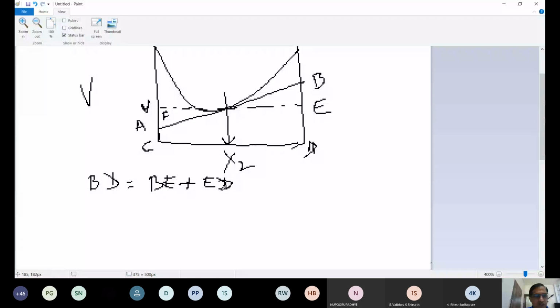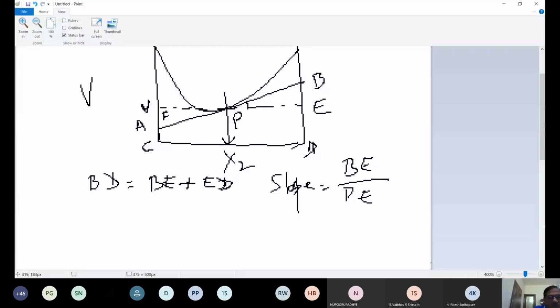And what is B equal to? If we take the slope of this angle, it is BE upon PE, perpendicular upon base. So B is equal to nothing but slope into PE.